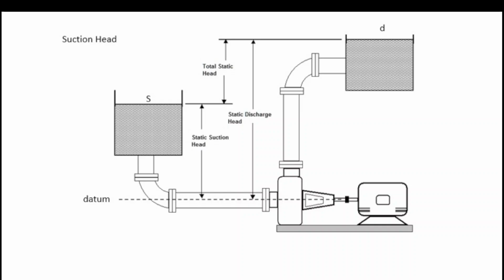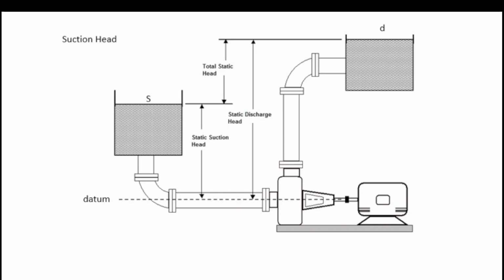Now, let's look at the vertical arrows shown in the figure. The vertical distance from the datum line to the liquid level in the suction tank is called the static suction head. Similarly, the vertical distance from the datum line to the liquid level in the discharge tank is called the static discharge head. The vertical distance between the liquid level in the suction tank and the liquid level in the discharge tank is called the total static head.